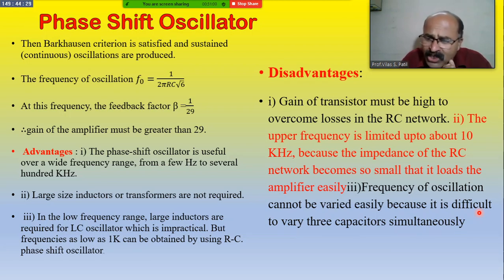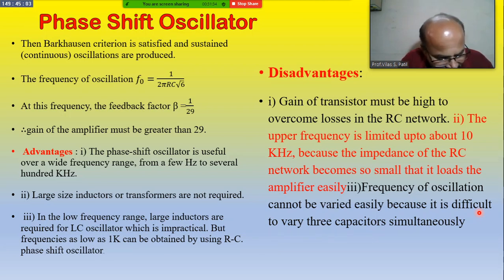This is one of the advantages, and the disadvantages related to inductance and transformers are overcome, since they do not come with the R and C network. That is, large size inductors and transformers are not required in the phase shift oscillator.